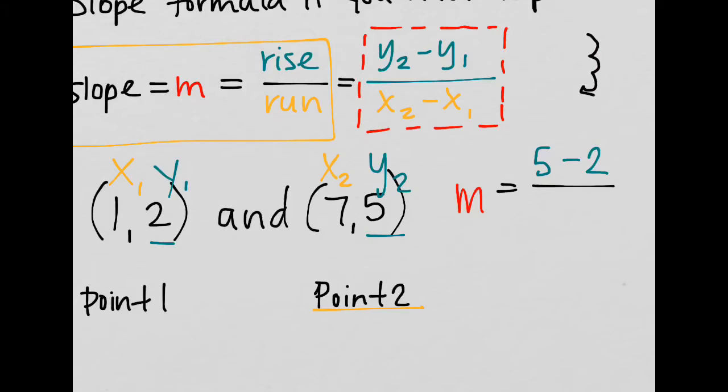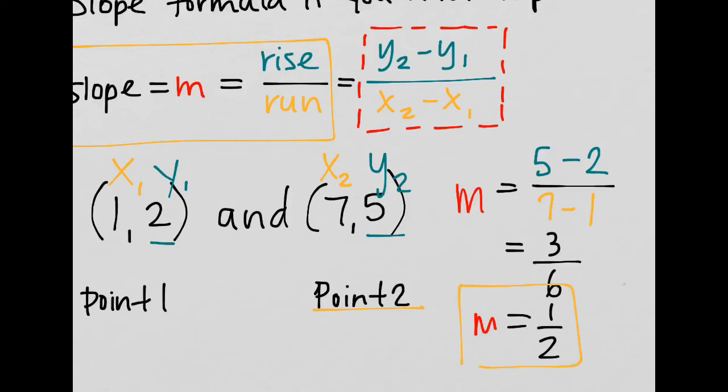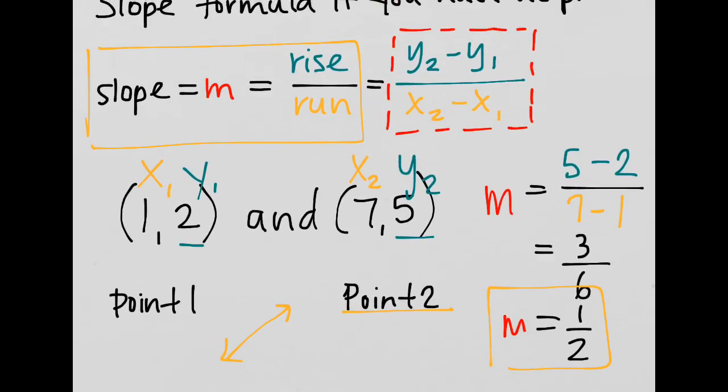We'll get 3. It would be like we had counted 3 marks. Okay, and x2 is 7 minus 1. So that equals 3 over 6, or 1/2. So my slope is equal to 1/2. And if it is positive, we know it has to be kind of going up. Okay? All right.